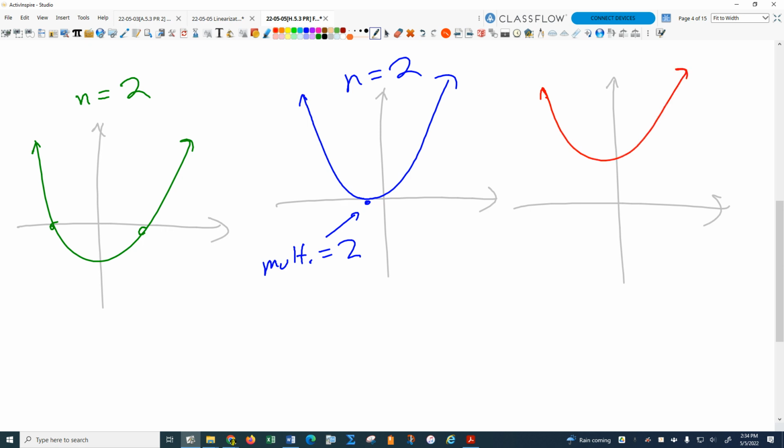It's a parabola, right? It's quadratic, so guaranteed the degree is 2. It's got 2 complex zeros. Are they real? Thumbs up or thumbs down? Remember, real zeros always correspond to x-intercepts. So thumbs up if they're real, thumbs down if they're non-real. Yeah, they're non-real. They have to be.